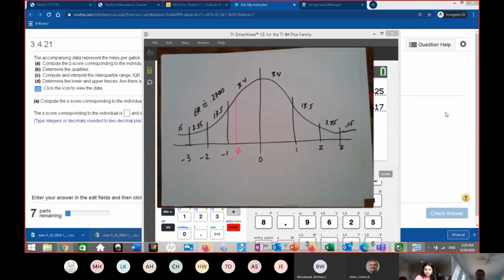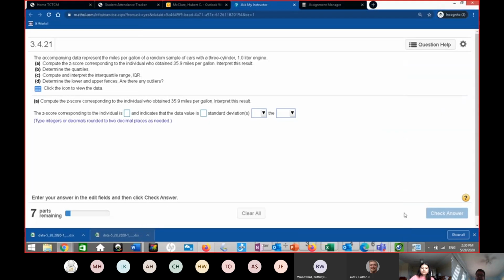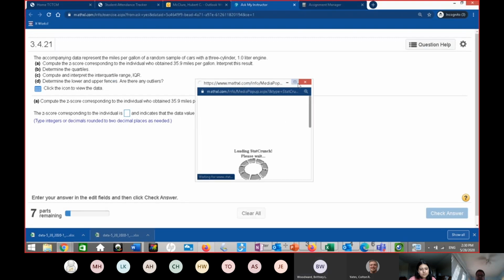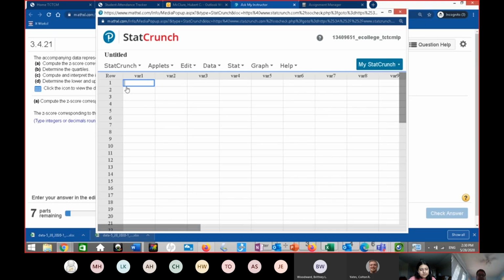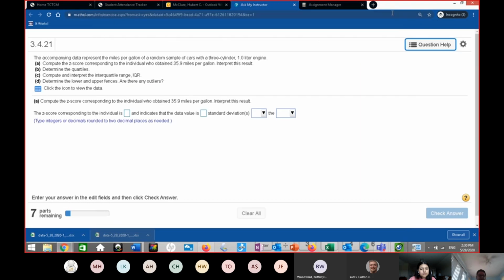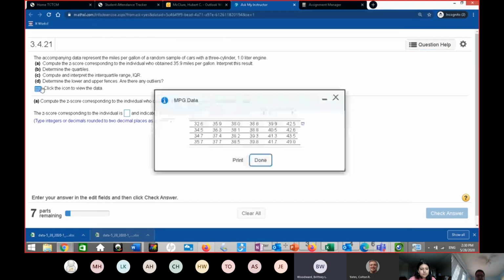Now let's go back to StatCrunch and get the quartiles. I should have written everything down, but I was trying to hurry. Oh, I didn't copy it. Go into StatCrunch.